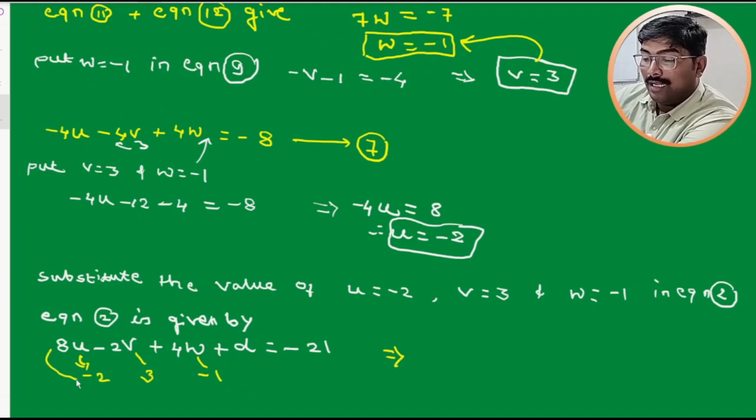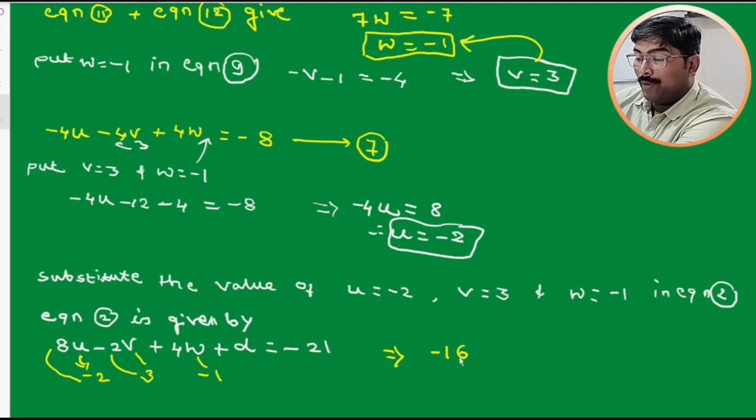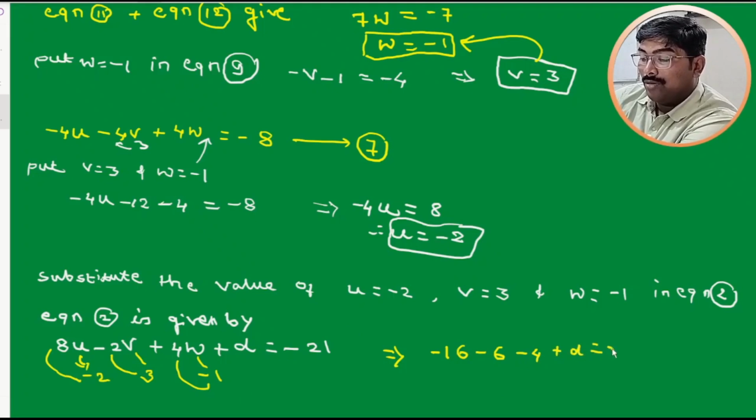So 8 into minus 2 is equal to minus 16, then minus 2 into 3 is equal to minus 6, then 4 into minus 1 is equal to minus 4 plus d is equal to minus 21, and on simplifying you will get the value of d is equal to plus 5.